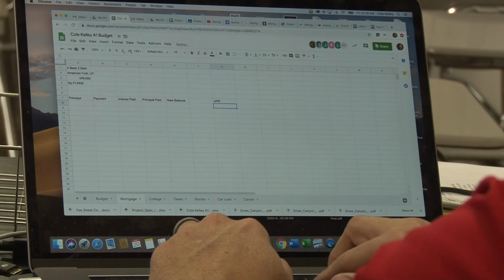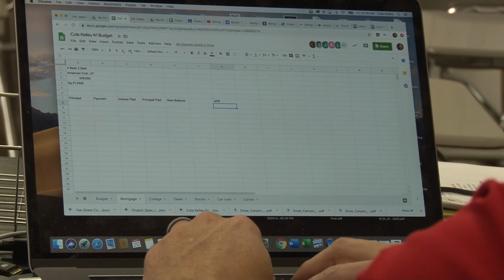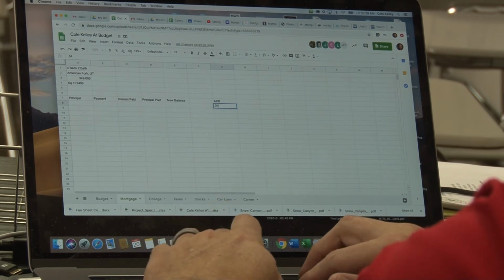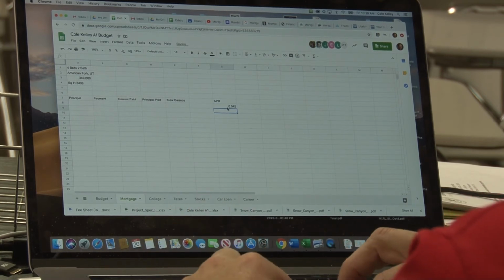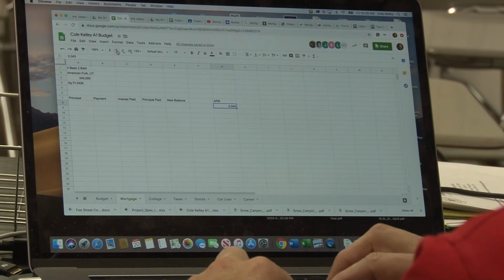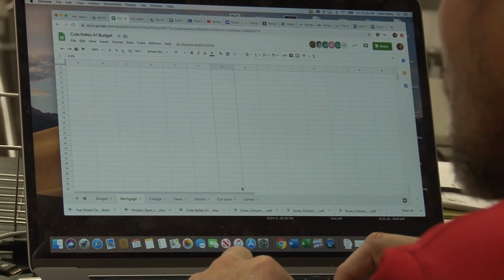Now, I want you to do the APR as 0.045, which, if we change that to a percentage, is 4.5%. And we're going to drag that down to about 30 years.